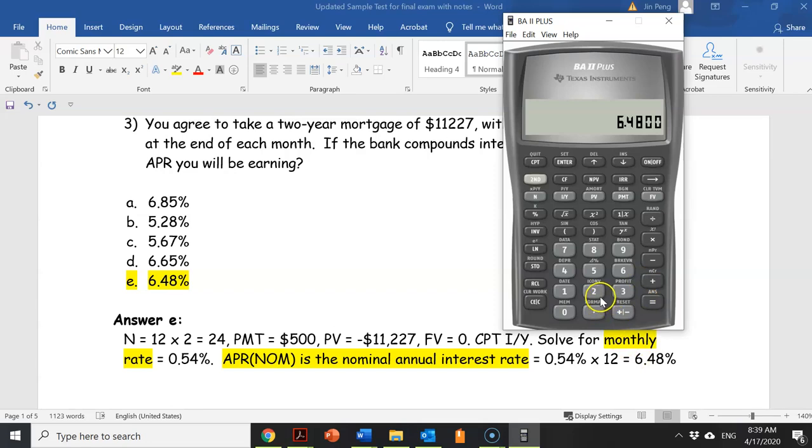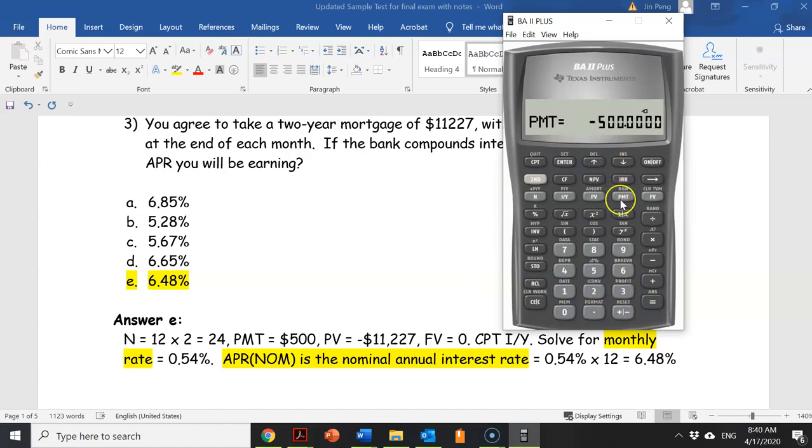Alternatively, for this question, you can also input present value as 11227, so you work from the borrower's perspective. So 11227 is the cash inflow for the borrower as the present value, but then the payment should be negative 500.